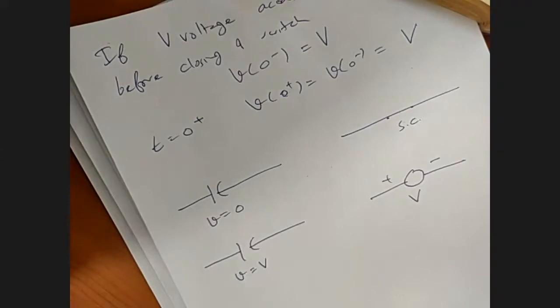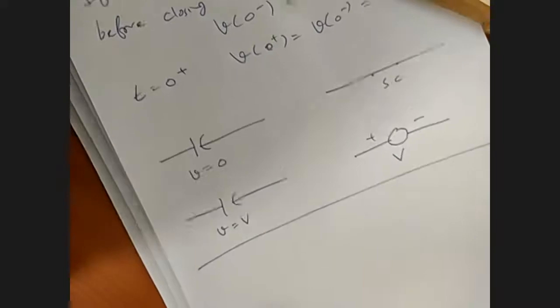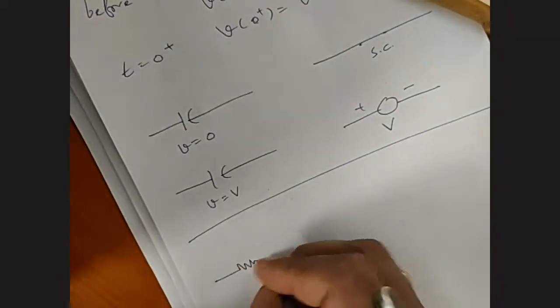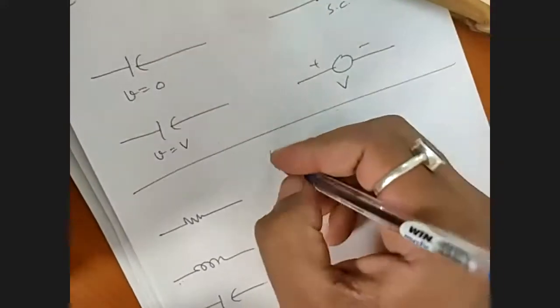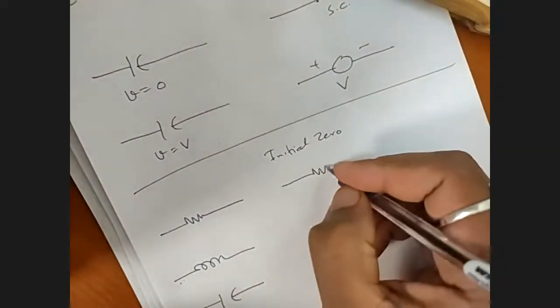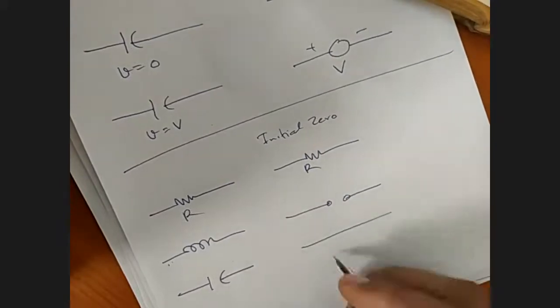So this is, you have to remember finally that resistance, inductance and capacitance, initial 0. So that means resistance will behave as resistance, inductance will behave as open circuit, and capacitance will behave as short circuit.